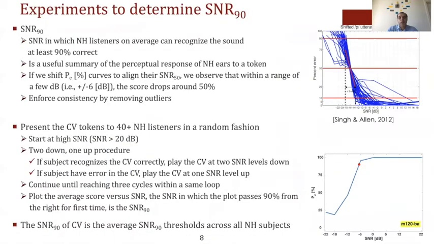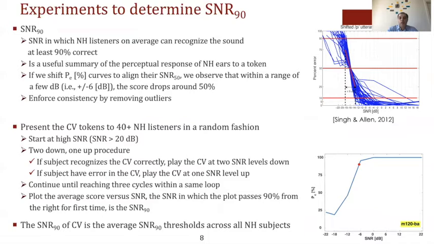We want to find this perceptual measure. We call it SNR90. SNR90 means that if you provide the sound to normal hearing listeners and increase the noise, at some point the recognition score will drop.